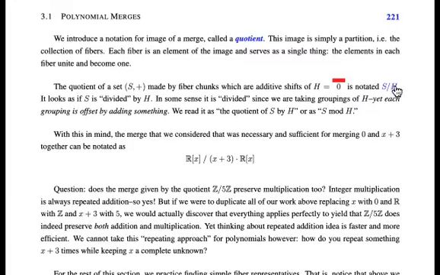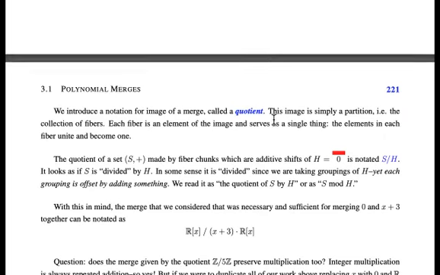Quotient notation. So if we have a set and we're merging things together in such a way that each fiber is an additive shift of 0 bar, which is exactly what we were just seeing.